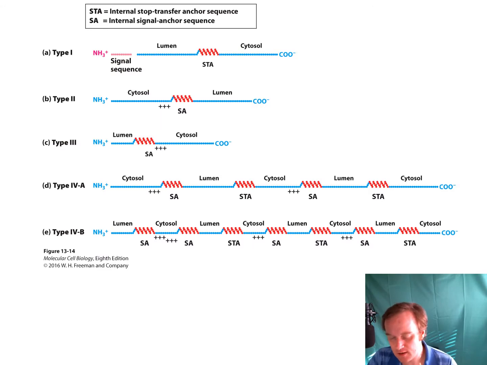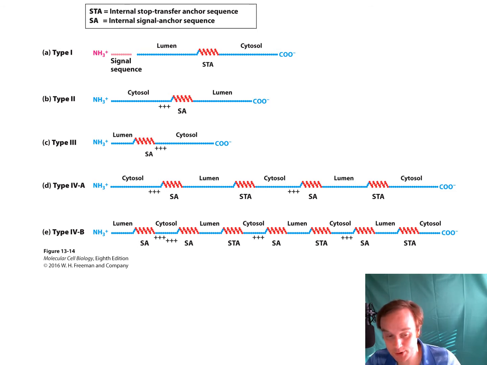Okay, so as you can glean from the last few slides, there are these topogenic sequences, so specific signal sequences that determine the orientation of the ER membrane protein. And so this is a summary, which is very nice, especially for trying to decipher all this information in these different proteins.